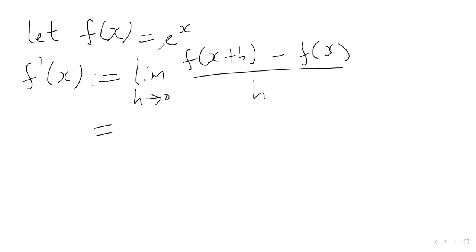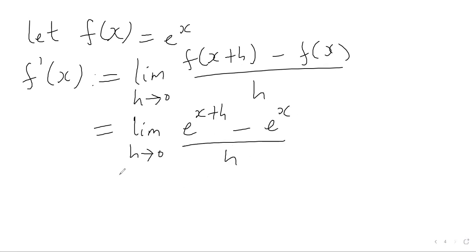So what we can now do is just plug our exponential function into this definition. So this is going to be e to the power of x plus h minus f of x, which is e to the x itself. And this is all divided by h.